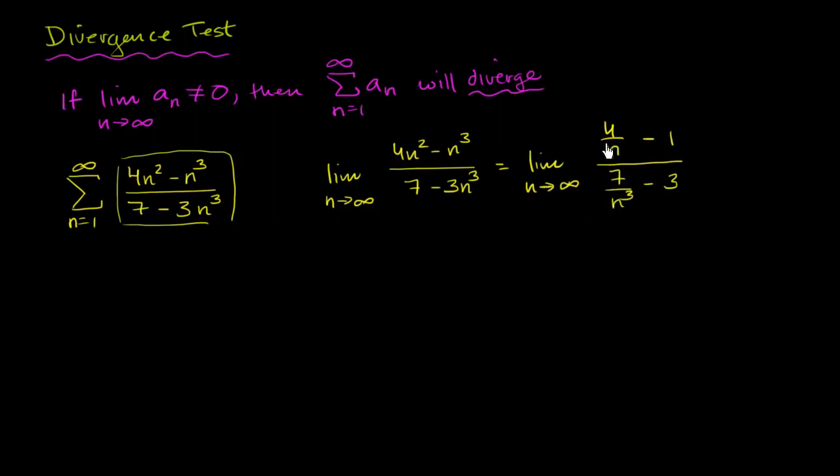The limit as n approaches infinity, that's going to go to 0. That's going to go to 0. And so you're going to be left with negative 1 over negative 3, which is equal to 1/3. So notice, the limit of a sub n as n approaches infinity, in this case, is not equal to 0. Therefore, this infinite series will diverge.